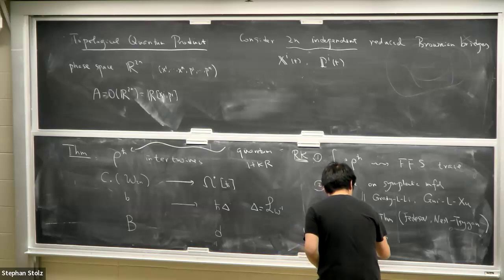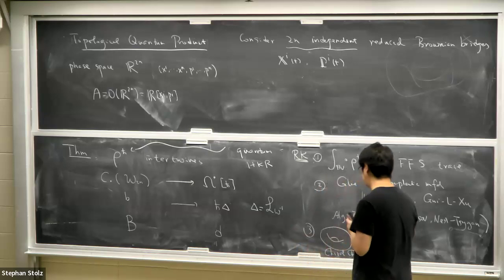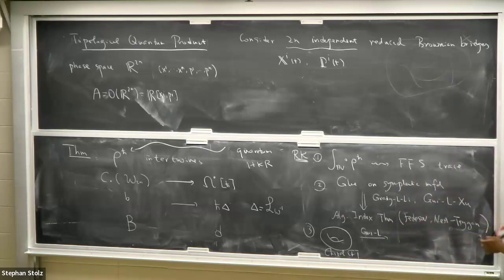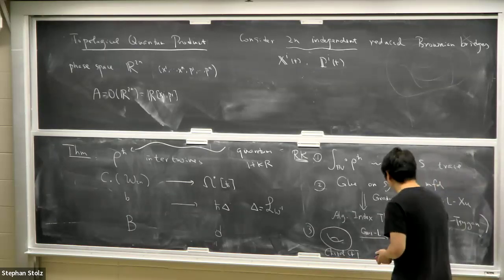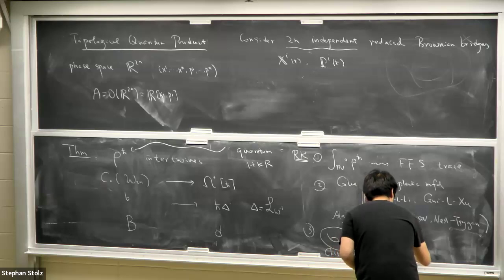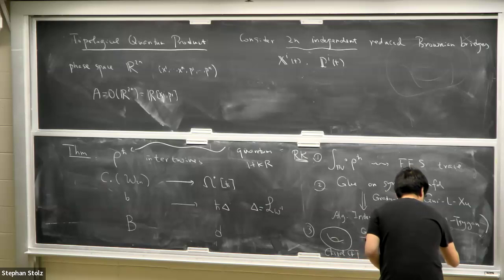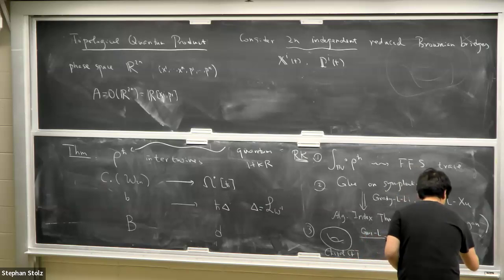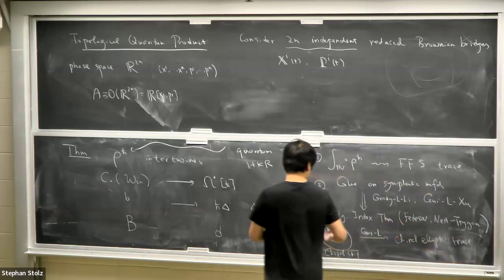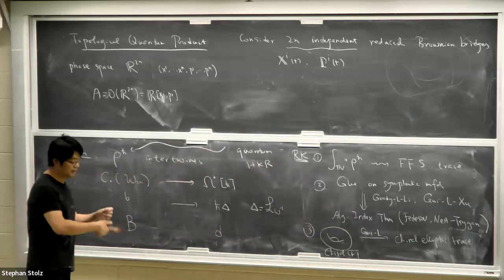And in my work with Jumping Quick, we show a similar construction into some higher elliptic placement, and a higher version of this algebraic index theory.